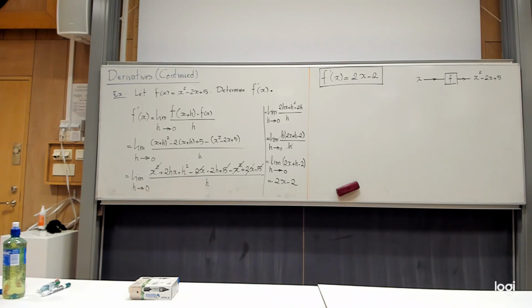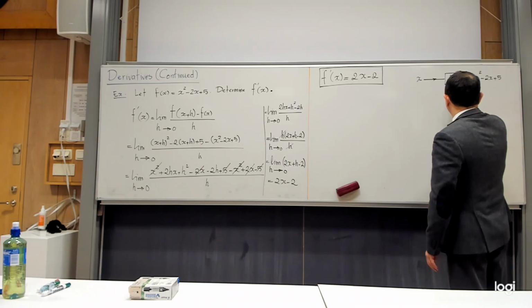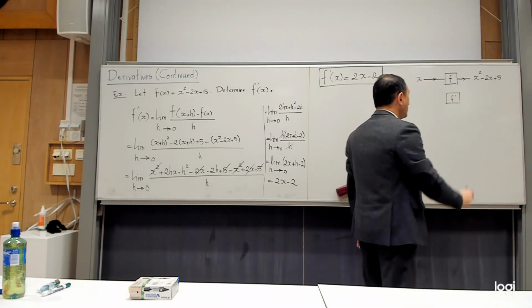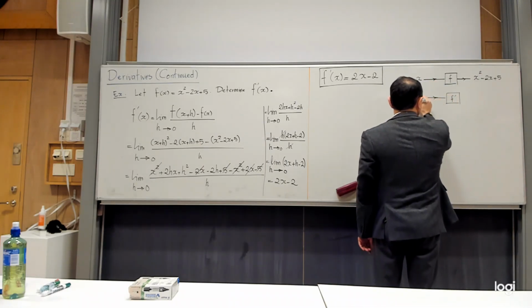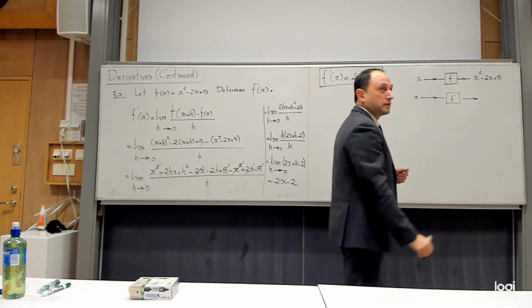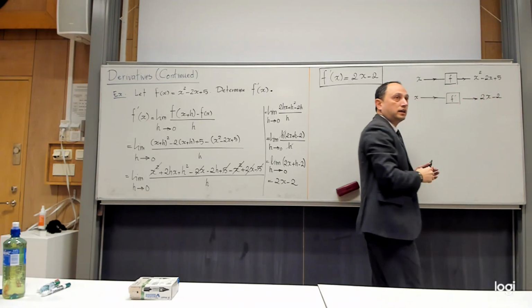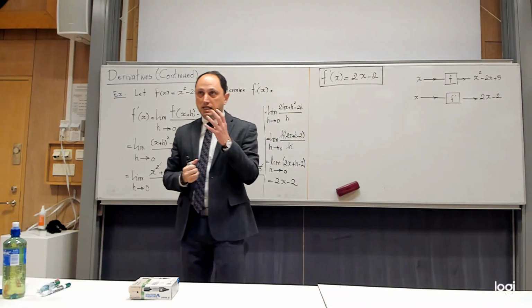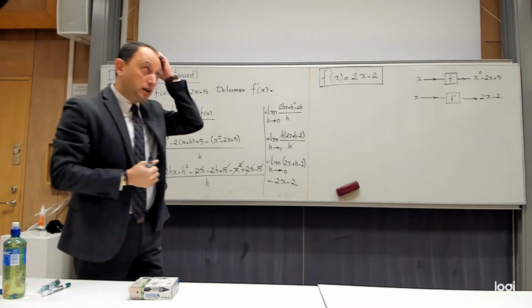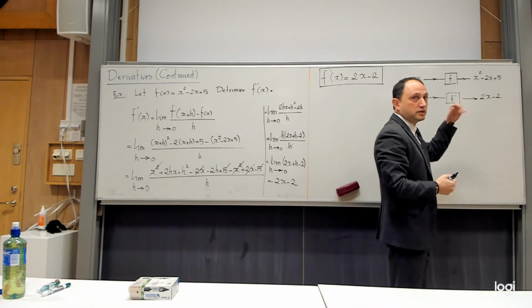That is why derivative, in English, means something you derive from something else. So this derivative is also a function. But what is the role of this function? You send in x, but what do you get as the output? You get 2x minus 2. So this is a function again. Yes, f prime is again a function which is derived from the previous function using some process.